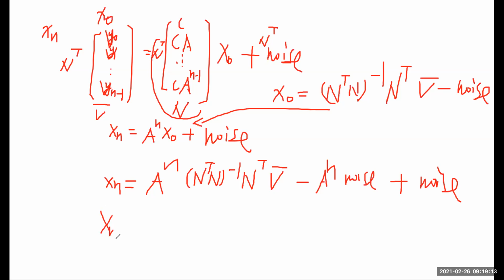Okay, if we make estimate, xn hat is AN (N transpose N) inverse N transpose v bar without the noise. So then this one is a linear estimate. It is also unbiased. But what assumption we made about the noise?